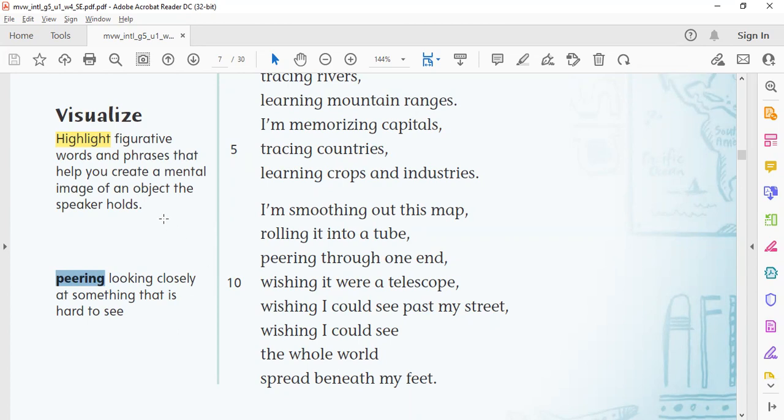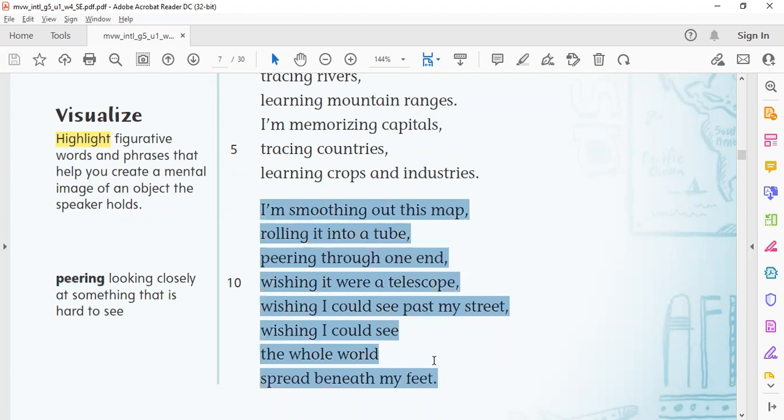Now here, visualize. Let's read this. Highlight the figurative words and phrases that help you create a mental image of an object the speaker holds. The speaker here holds a what?